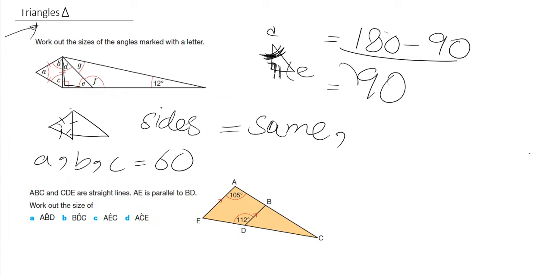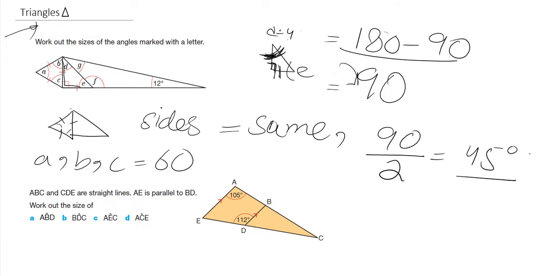So we are left with 90, and when you divide it by 2, you will get 45 degrees. So D will be 45 degrees, and E will also be 45 degrees. Over here you can see that this is a straight line. Let me just change the color. E makes up 45 degrees. The whole straight line will be equal to 180 degrees.